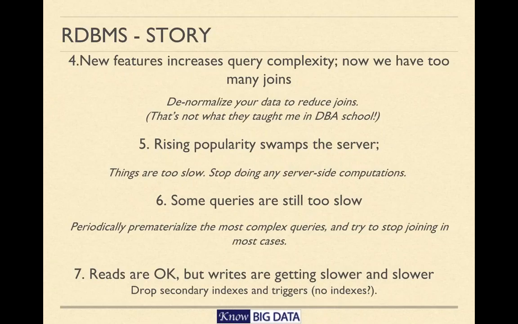Now, if you look at it, that's what a NoSQL is. So, in essence, we tried our best with an RDBMS. Even after these 7 steps, if the service still grows in popularity and we can't handle it, the next step is called sharding.